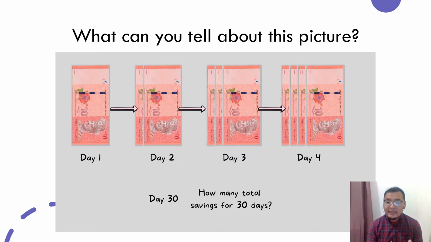My question is, how much savings for 30 days if each day we save RM10? Anyone can answer it? No? Okay, for your information, in this subtopic we will illustrate how to find the total savings for 30 days using only the formula, so you can know the total savings for 30 days.